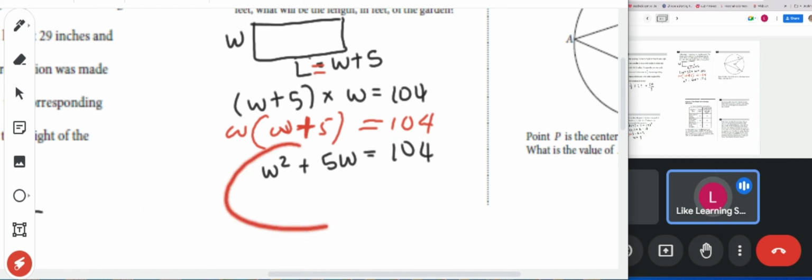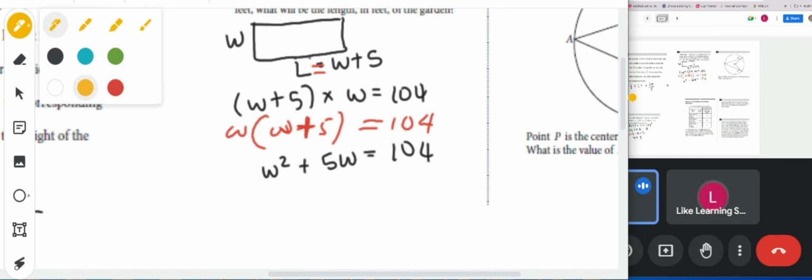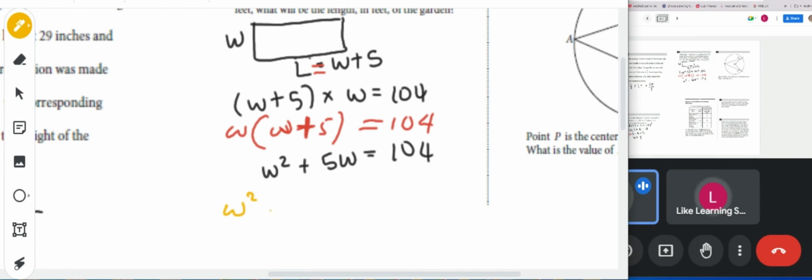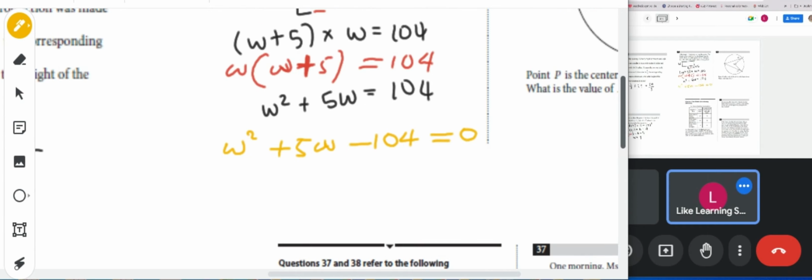Anytime you have something like this, you just change it to a quadratic equation. That becomes W squared plus 5W minus 104 equals 0.